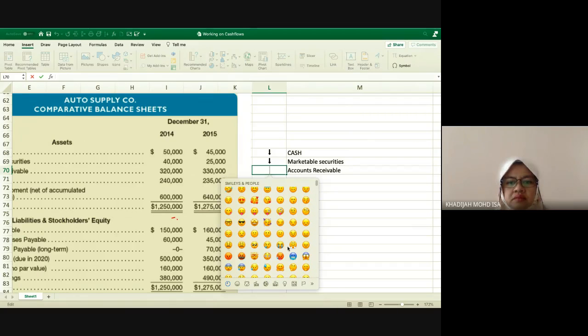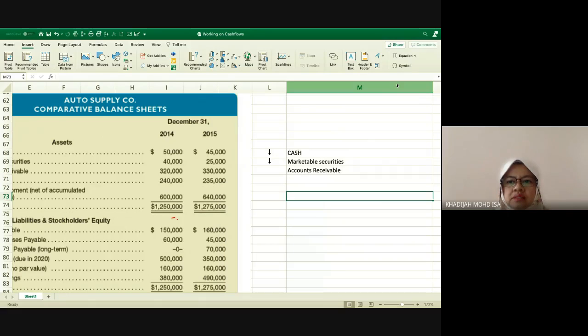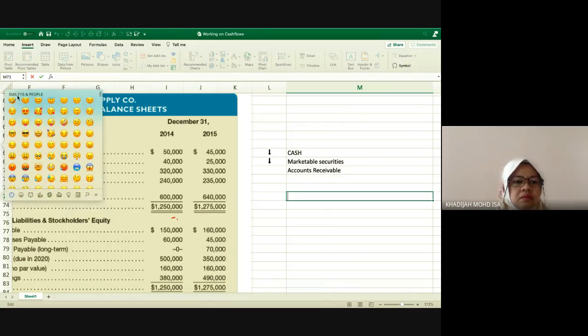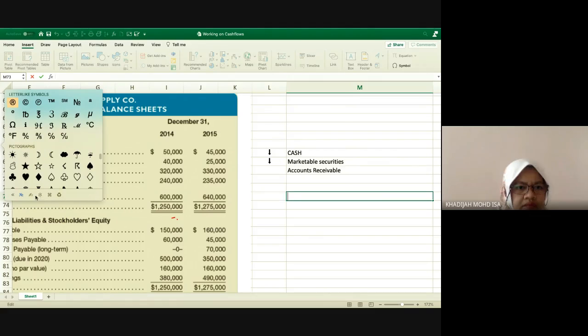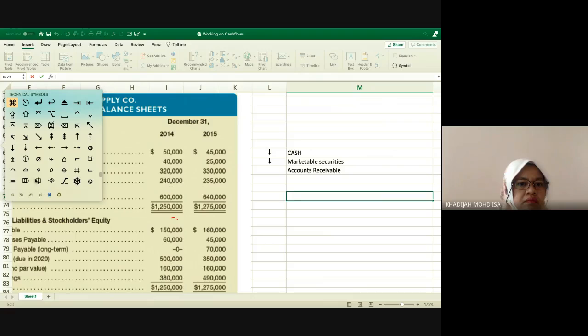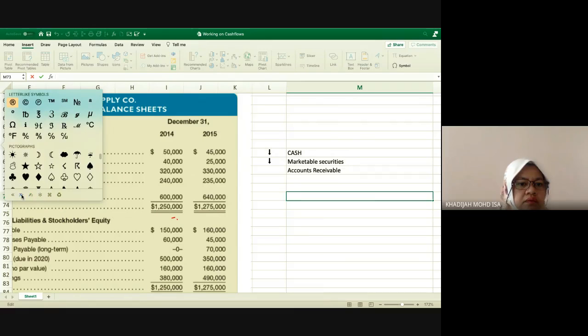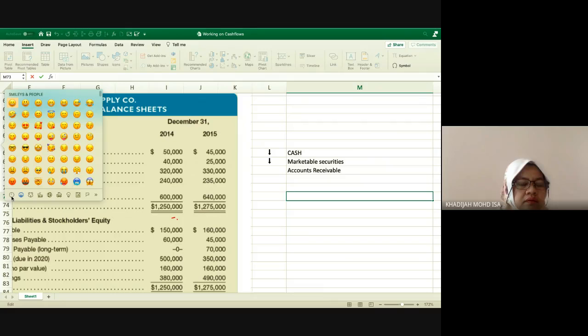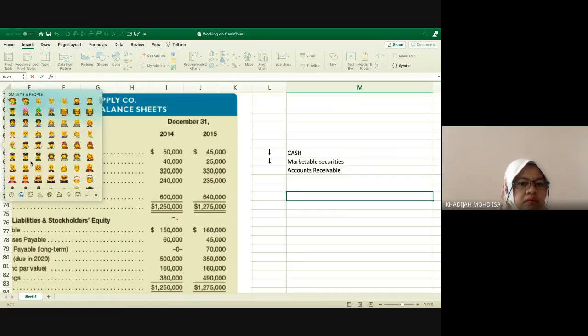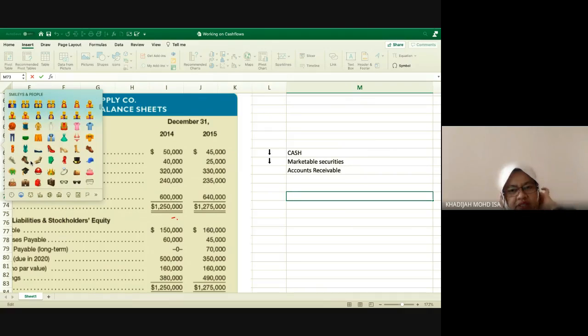Where? A smiley instead, the symbol. Where do I get that from? Where? Just now I could search.